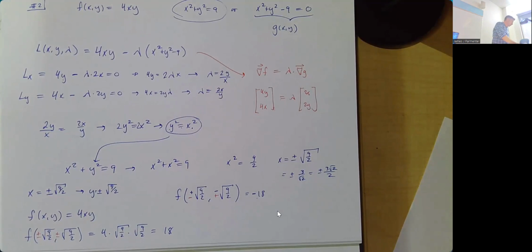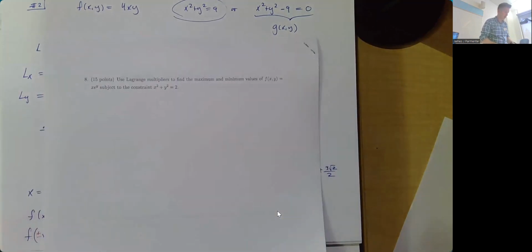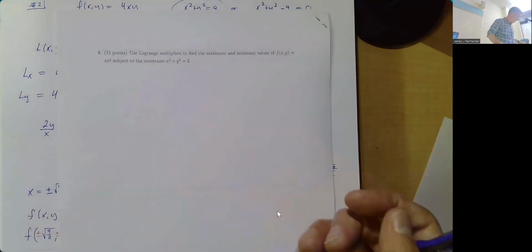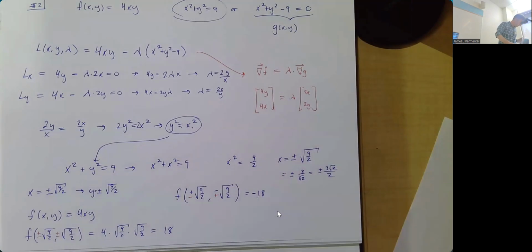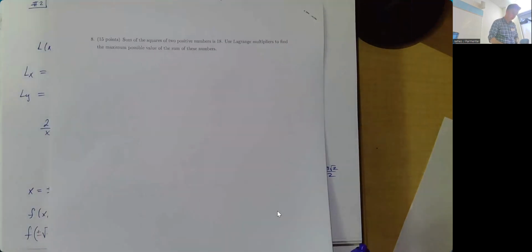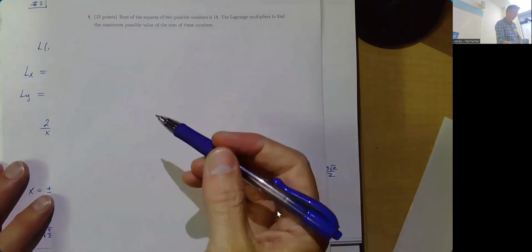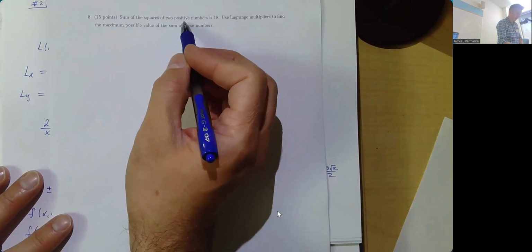So let me just point out, sorry, getting all sorts of things all over the place here. Before we look at that one, I just want to point out this one here. Oh no, that's not the one. Sorry, I'm getting this one here. Yes, this is actual exam 1. It says the sum of the squares of 2 positive numbers is 18.